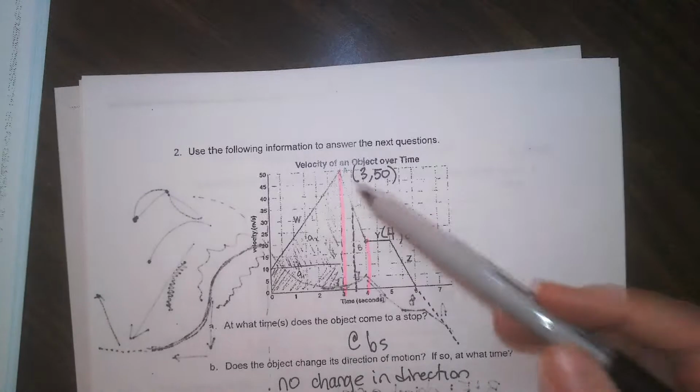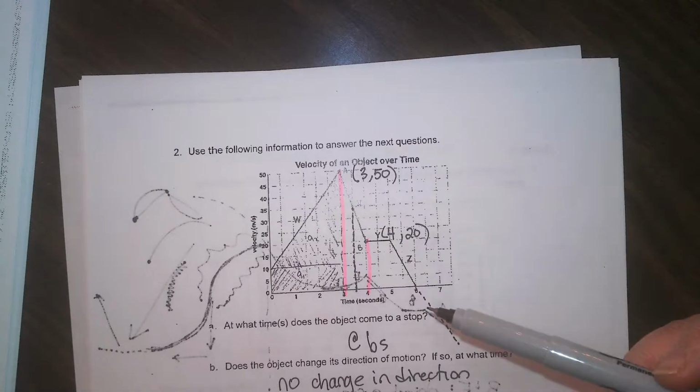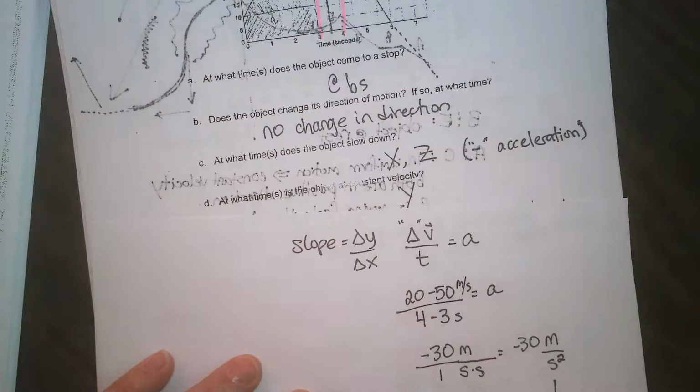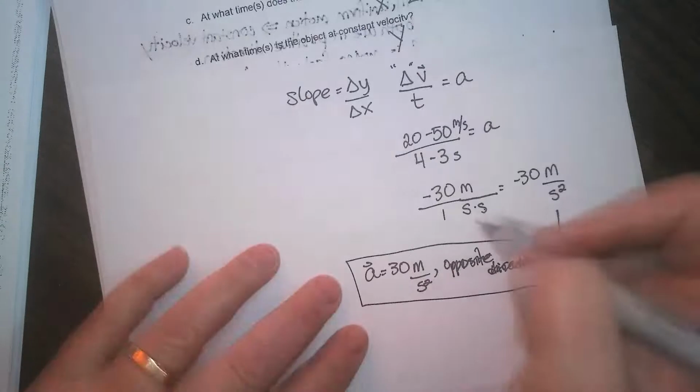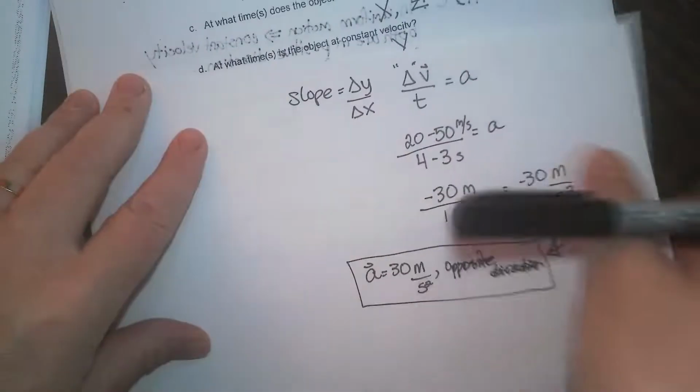How is it in the opposite direction? Because here we identified, you're right. It's not in the opposite direction, because it didn't cross.